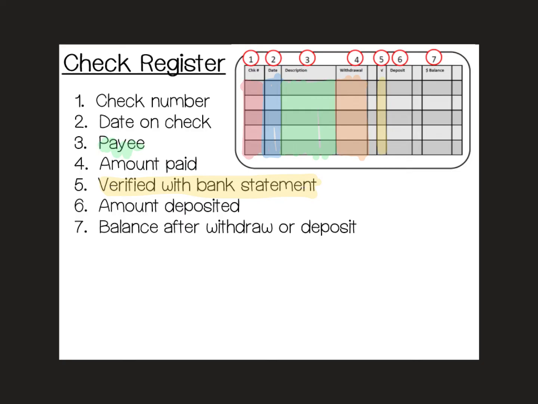If you're depositing a check, so if someone gave you a check, you would put that number here, and then you would have a balance after you withdrew or deposited money, and that would go in this column here at the end.